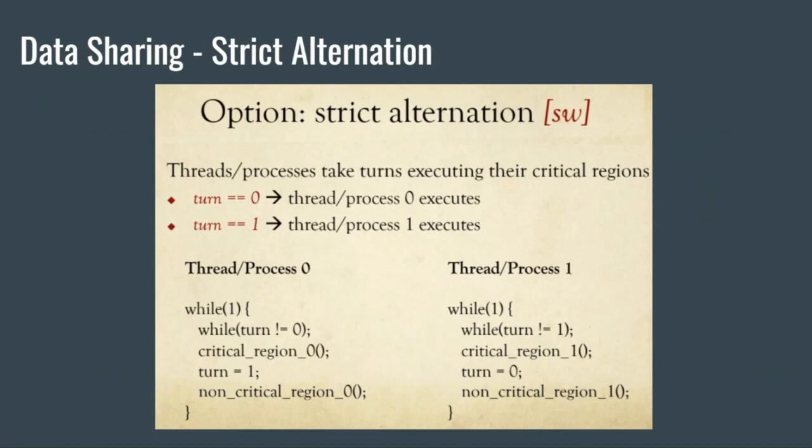You have that while loop where if the turn is not equal to the thread ID, that thread is going to be stuck in the while loop iterating. The thread that does match the turn will do its stuff in the critical region, and after it executes the critical region, it'll change turn to the other value, and then the thread that was stuck in the while loop can do its stuff.